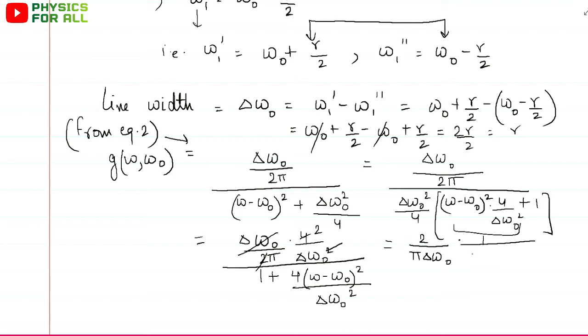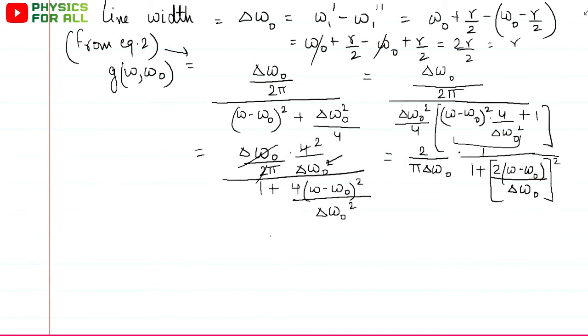So this is 1 plus 2 omega minus omega naught upon delta omega naught whole square. Clear? This is the actual value of g omega omega naught.